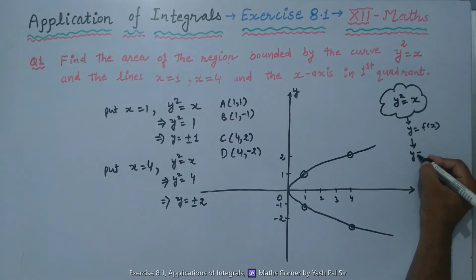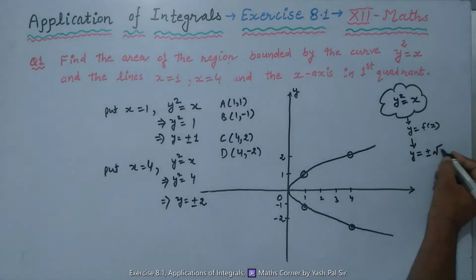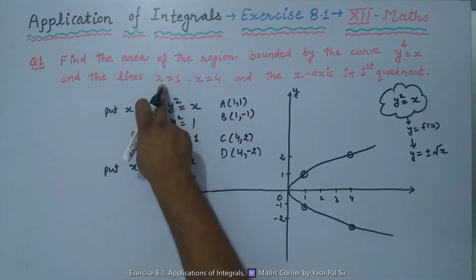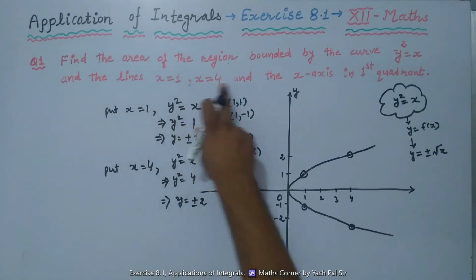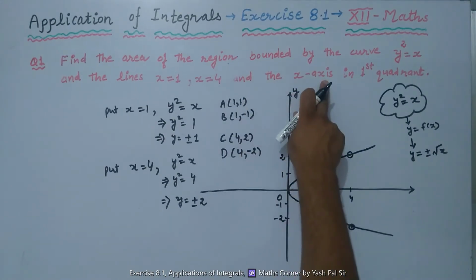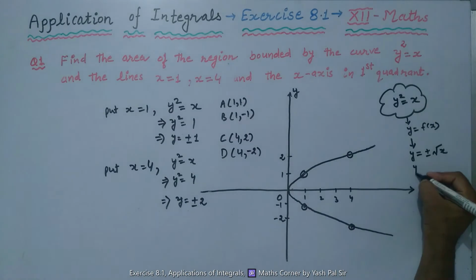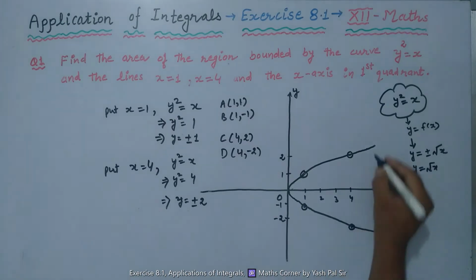So this becomes y is equal to plus minus square root of x. So in our question, x is equal to 1, x is equal to 4 and the x-axis in first quadrant. In first quadrant we just take positive x, y is equal to square root of x.